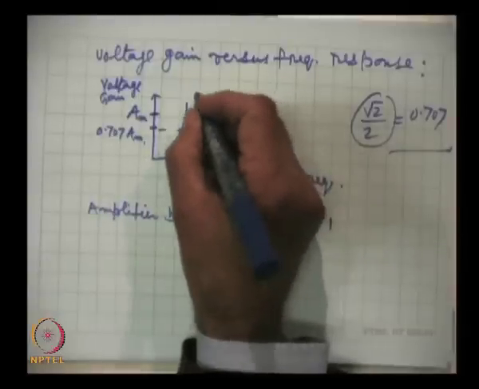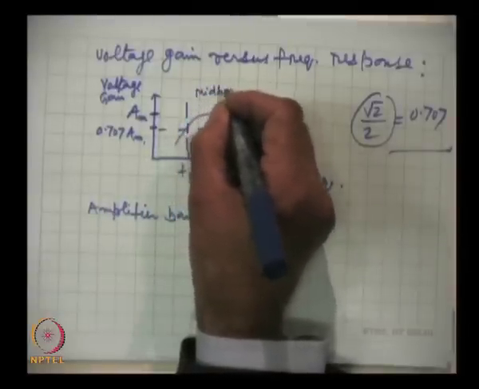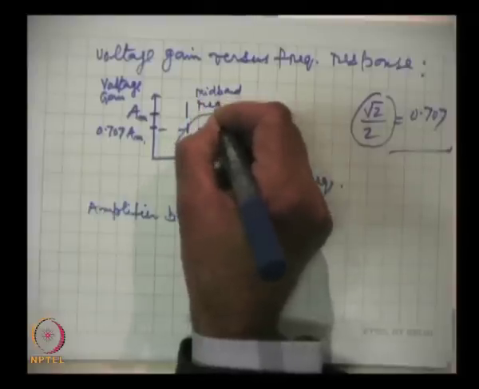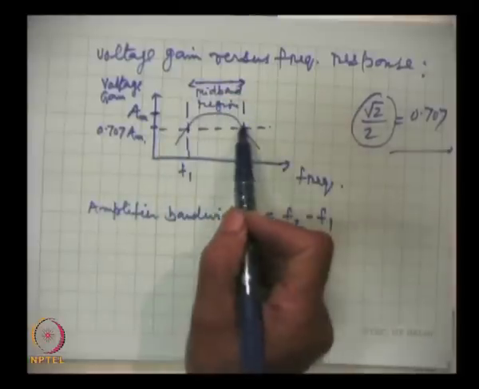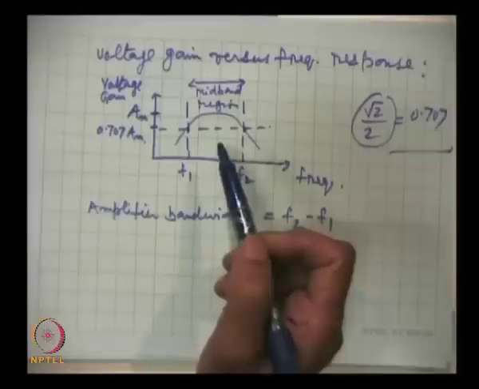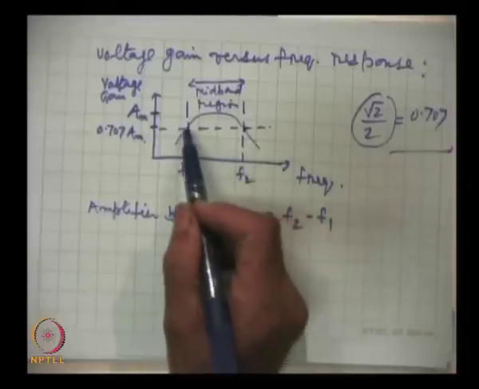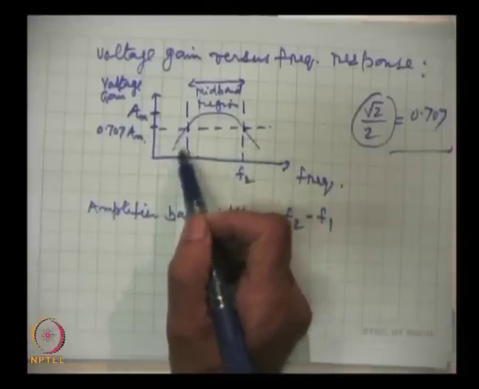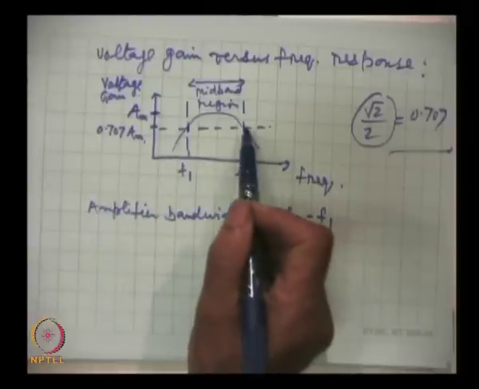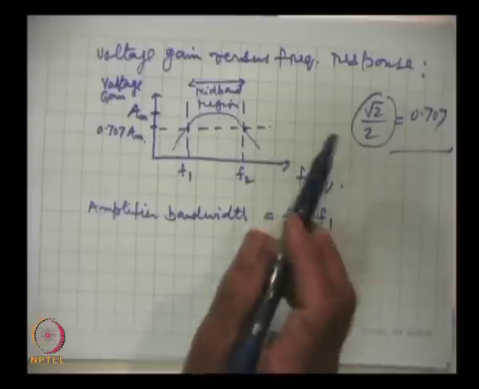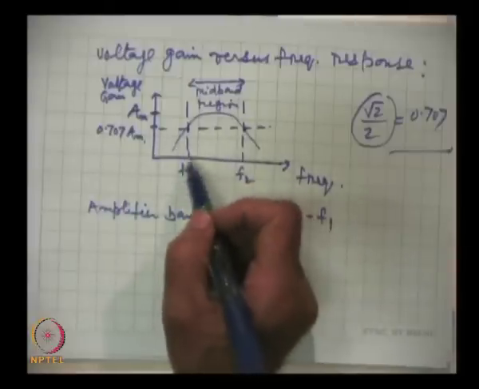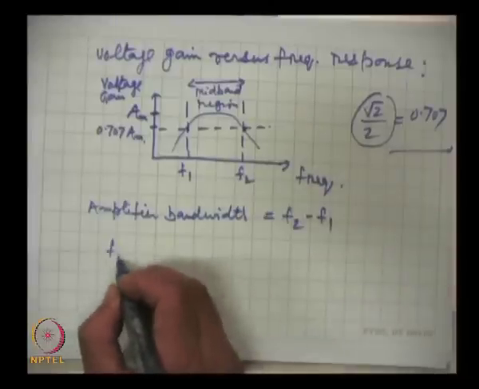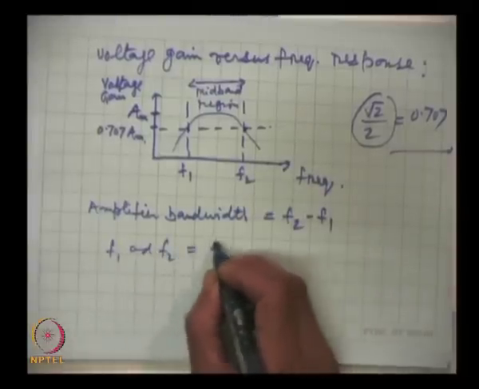So, this is the mid band region, from here to here, below this is the lower cutoff region, and this is the upper cutoff region. Now, it can be shown that these frequencies F1 and F2 are actually half power points.